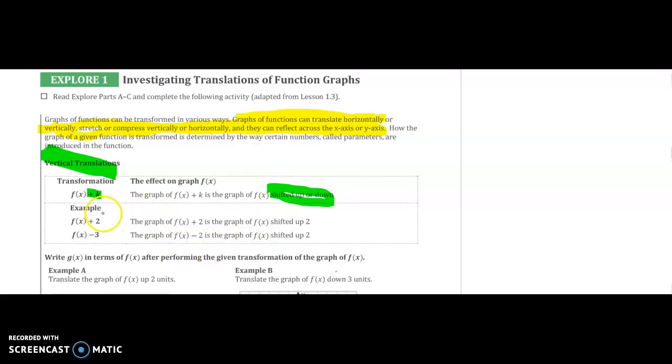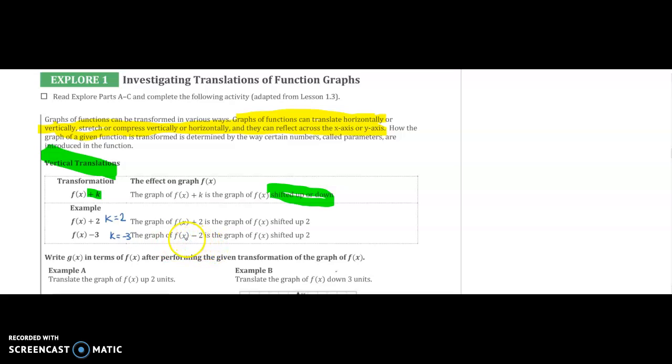An example would be f of x, a function, plus 2 on the outside. The graph of f of x plus 2 is the graph of f of x shifted up 2. Right? So in this case, k would be 2. But in this one, f of x minus 3, k would be negative 3.